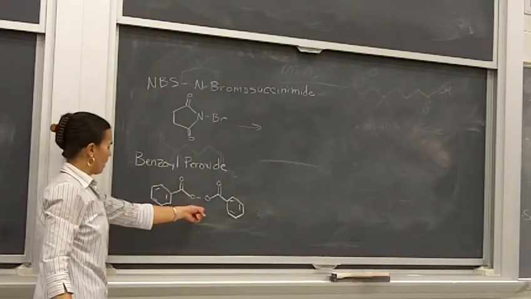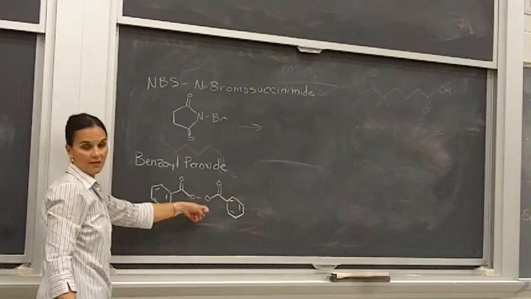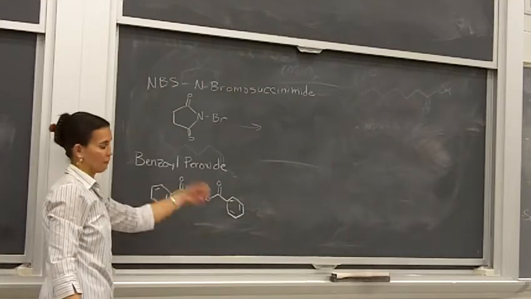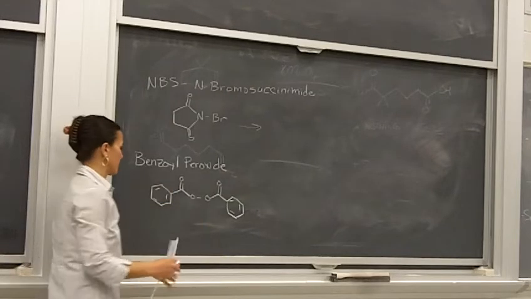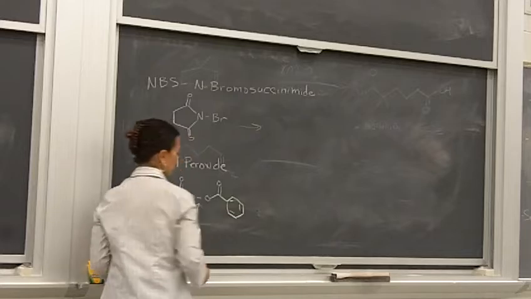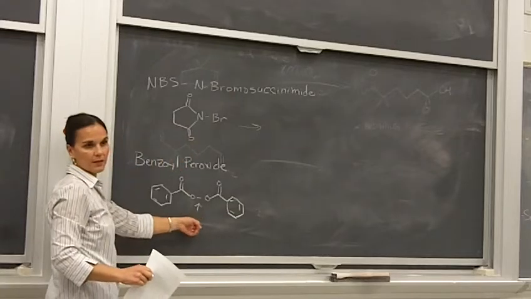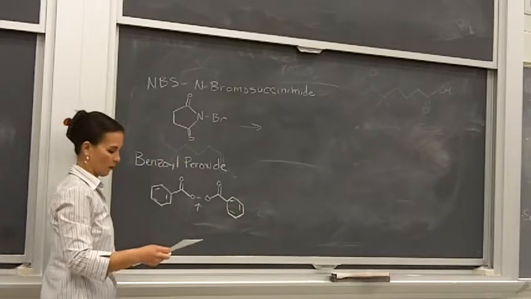We'll talk about this guy here in a little bit. This is our initial source of radicals for this reaction, okay? And it's because this bond here is not super stable. It's really easy to break that bond there, all right?